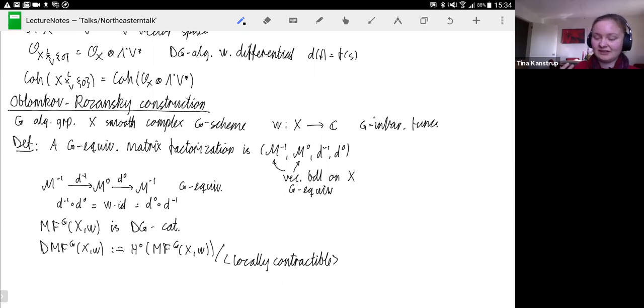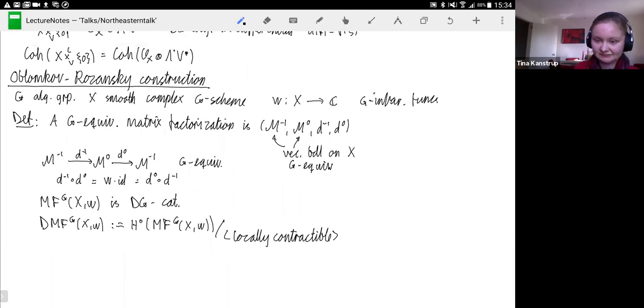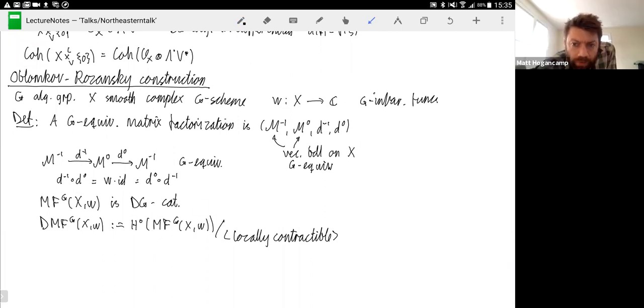This condition is that there exists an open cover in the smooth topology such that when you take your module and restrict it to each of these, you get 0. Maybe two things to note. In the case where X is finite, this quotient is not even necessary. It just goes away, and then this is the most natural way to have a derived category.